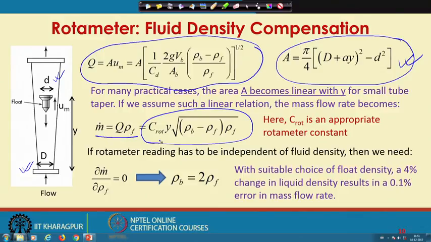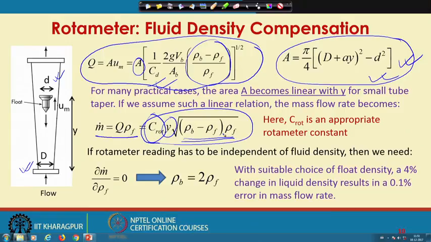Why this? This Y is coming from this A with the assumption that this is going to give a linear relationship. All other combinations of these constants have been clubbed into a constant called rotameter constant, and this part, after you have multiplied by rho f, will become rho b minus rho f multiplied by rho f.